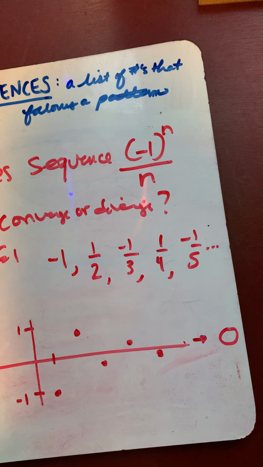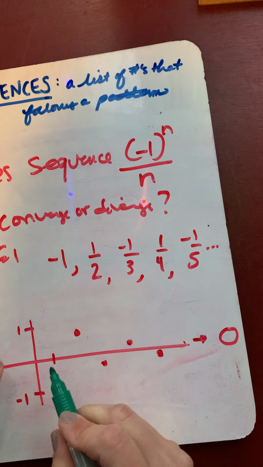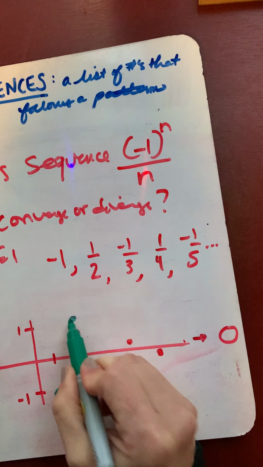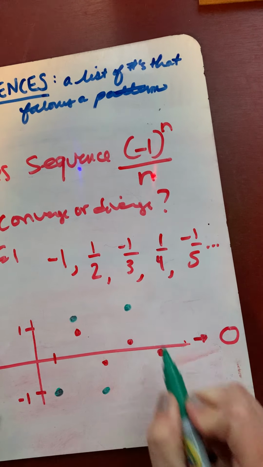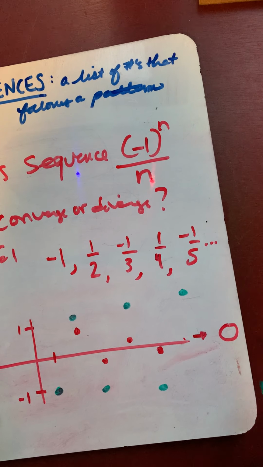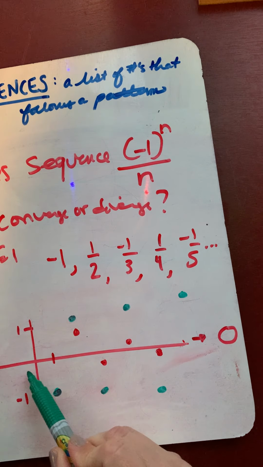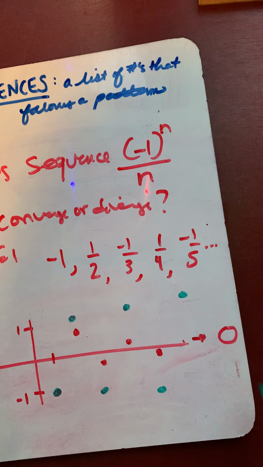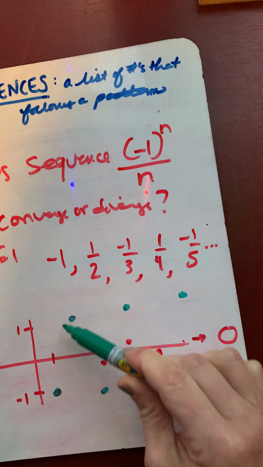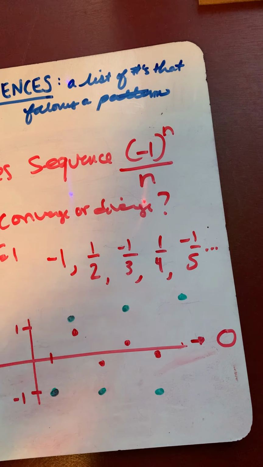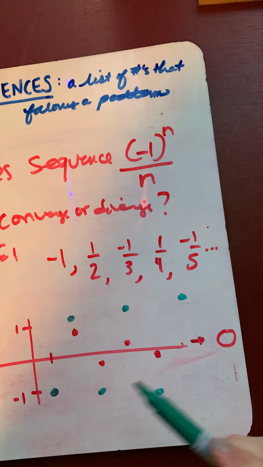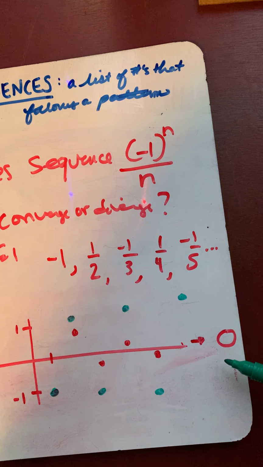Whereas the other one was -1 and 1 all the time. I was -1, +1, -1, +1, -1, +1. I got no closer to something. This, I got closer and closer to that y value of 0. This is kind of the perfect way to show you that what I'm also looking at is horizontal asymptotes, basically.